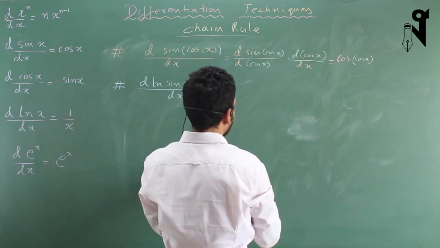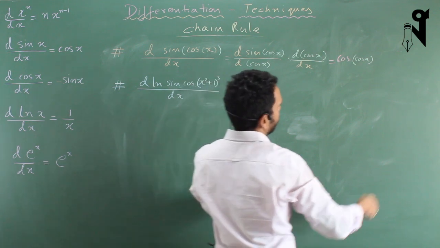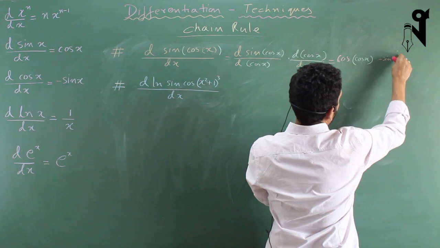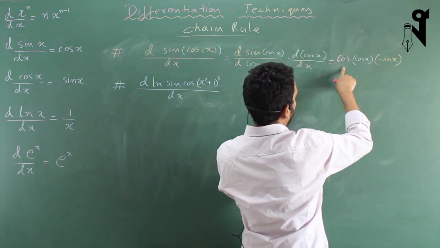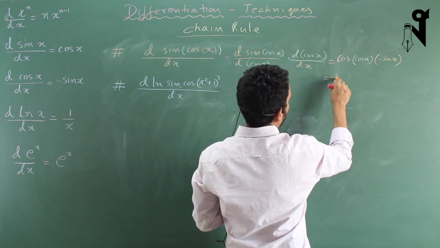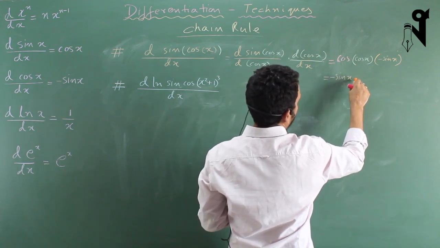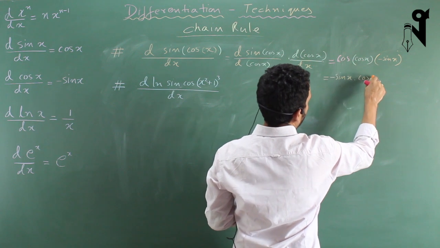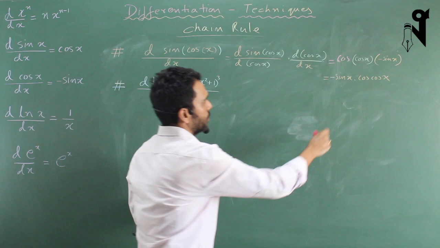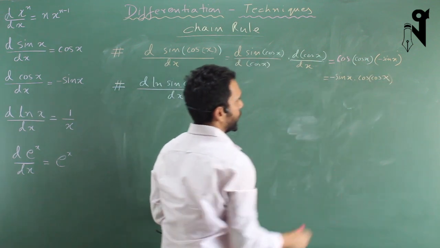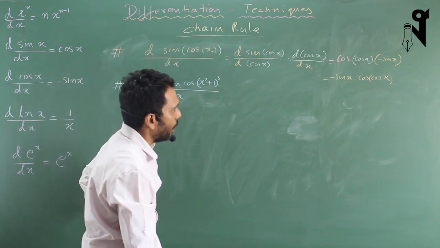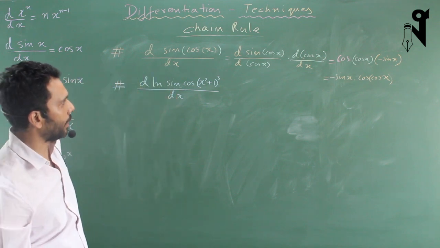That's a minus sine x. So your answer is this into this. So writing it in a more pretty way, it is minus sine x times cos of cos x. That's your answer. If you wish, you can put a bracket, minus sine x into cos of cos x. I hope you got that.